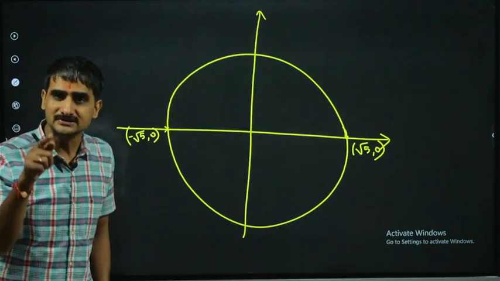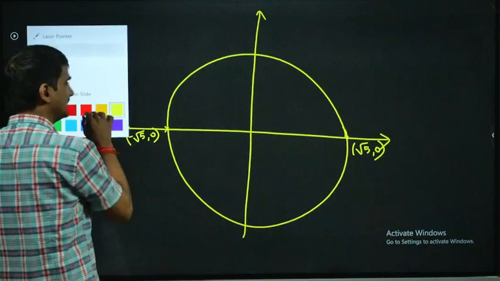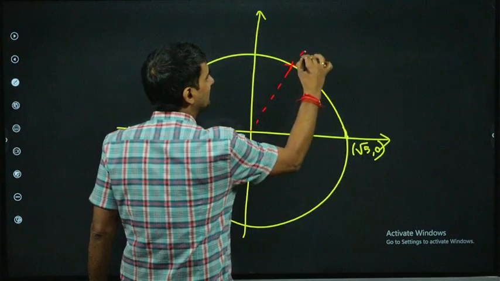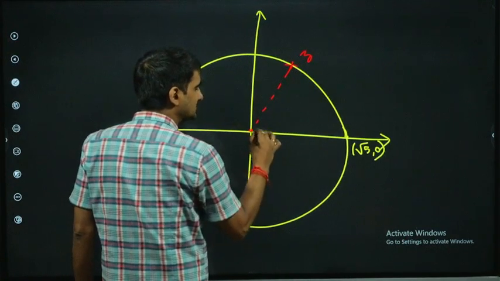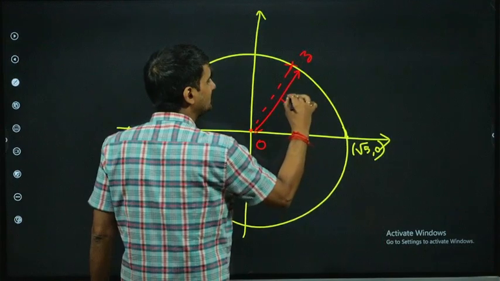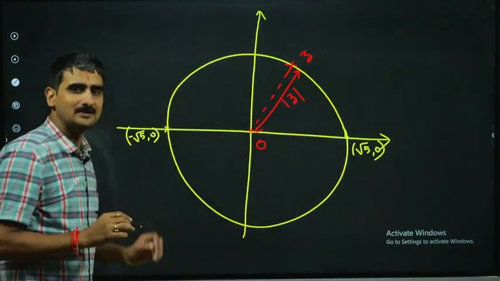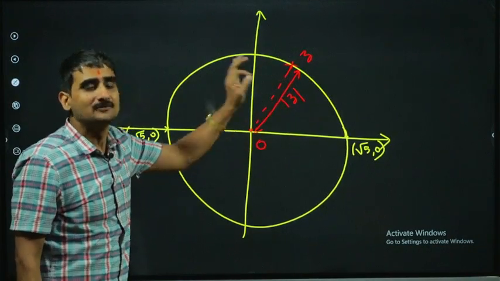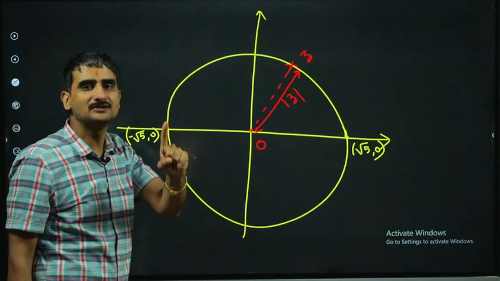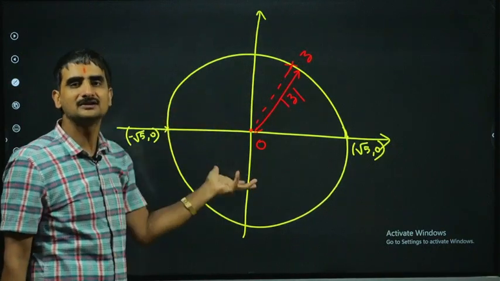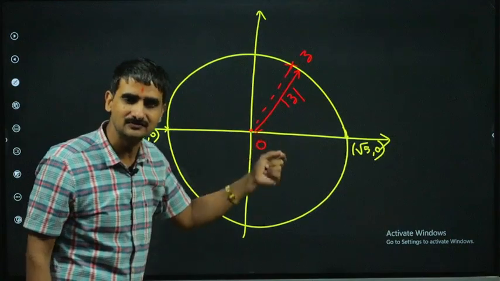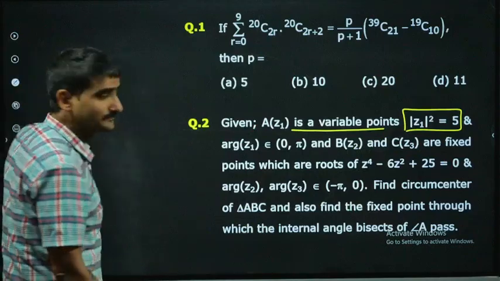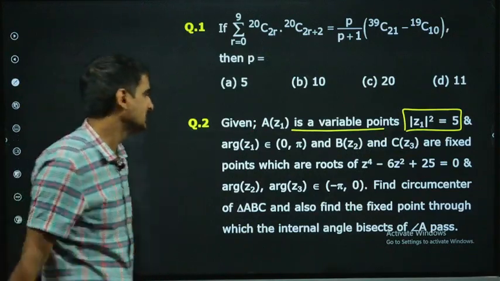It represents the distance of the point z from the origin. So if the modulus remains constant, its distance from the origin is constant, hence it will move on a circle with center at the origin and radius equal to that constant distance. So mod z is equal to root 5, and on that circle lies our z1.